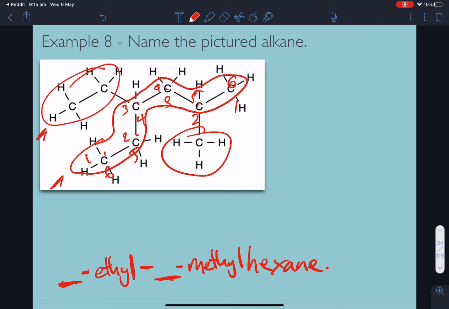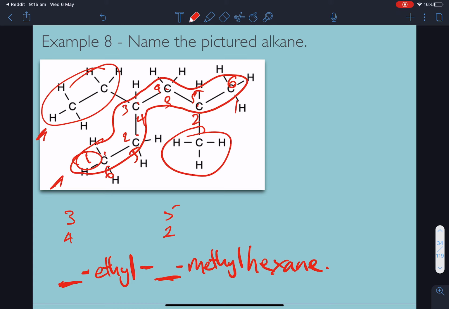I need to decide on the numbering. I want the smallest numbering. So if I go from 1 here, I've got a 3-ethyl, 5-methyl. Just write them here. Or if I go the other way, I've got a 2-methyl and 4-ethyl.